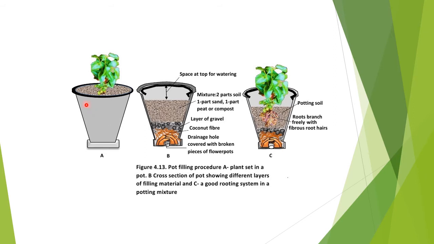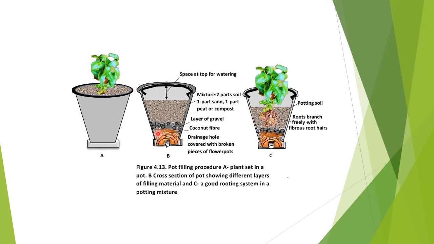Here you can see this is a pot. This is the anatomy of a pot. You make a hole here, and you place pieces of broken flower pots over it. The hole should be maintained there, and you cover the hole with these broken pieces of flower pots, and then this area is filled with coconut fiber to maintain good drainage.